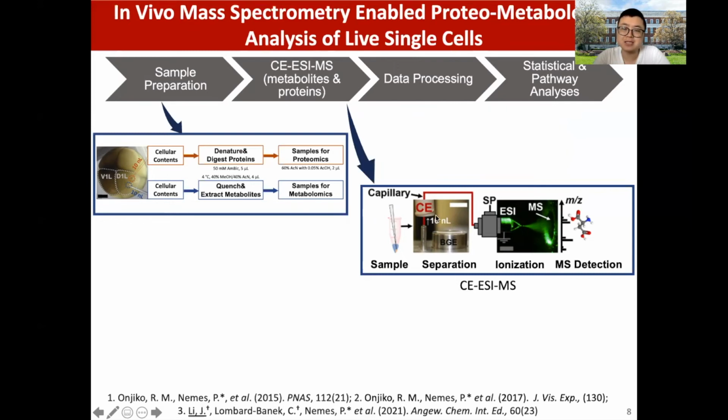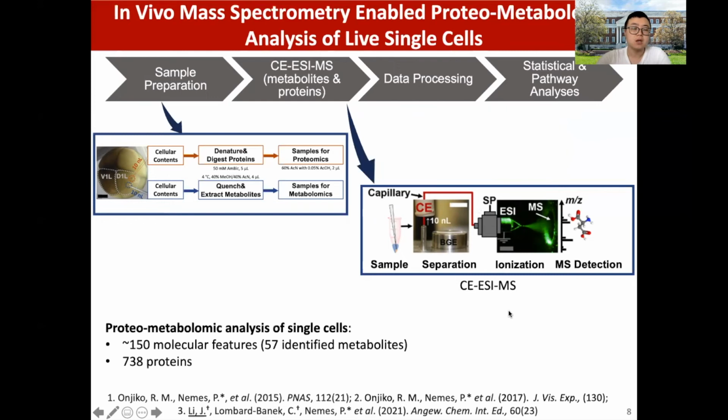In the HRMS analysis, we separate the compounds by using capillary electrophoresis and then detect the compounds using a mass spectrometer. In our chemical analysis, we were able to detect 150 molecular features, which include 57 identified ones. In the proteomics analysis, we identified 738 proteins.